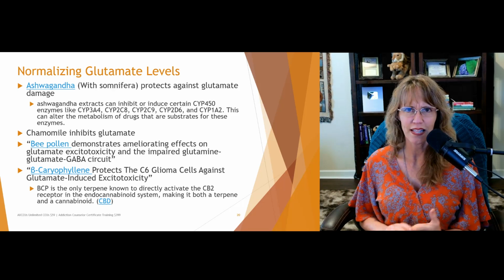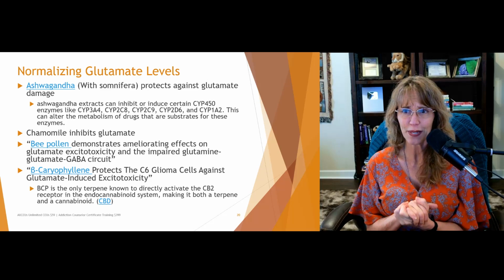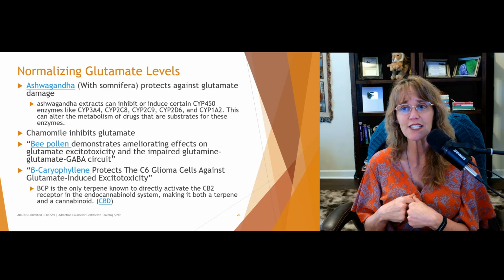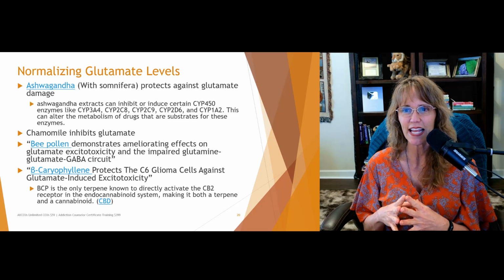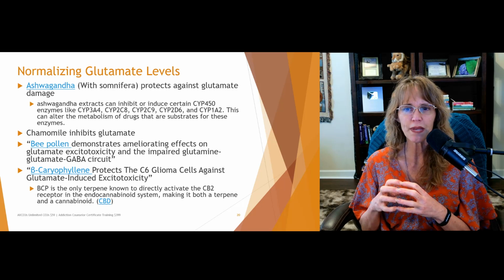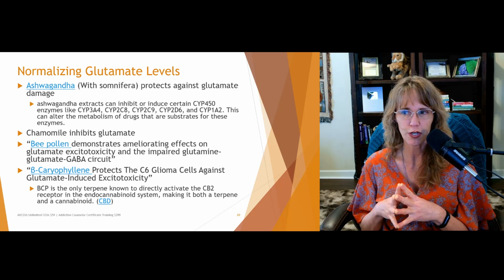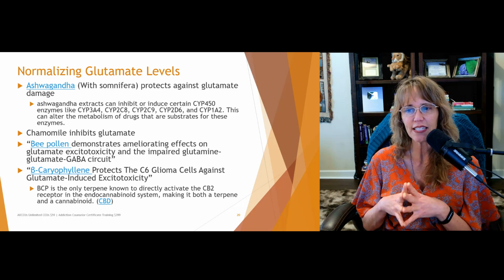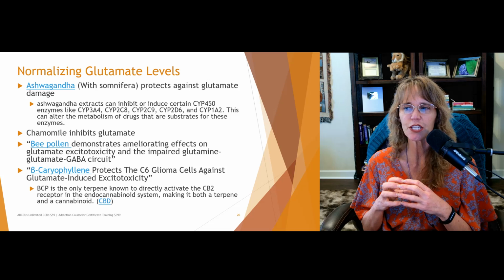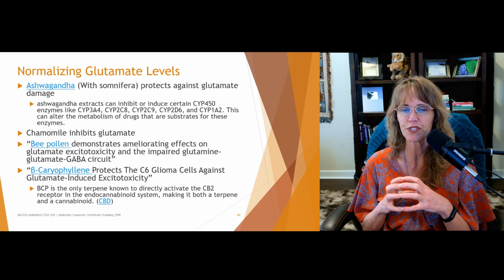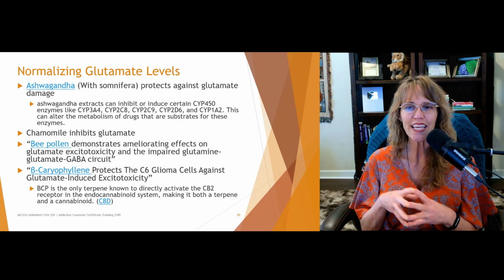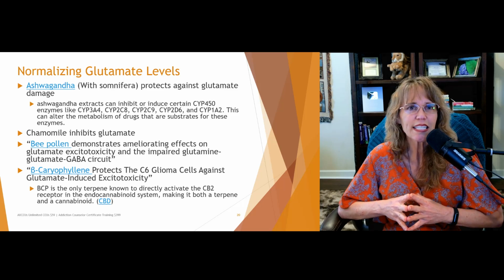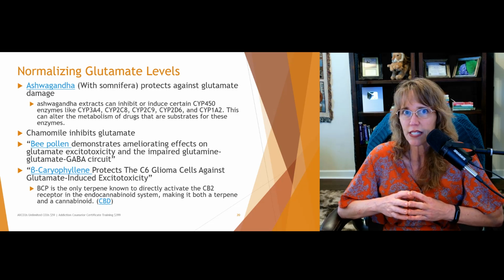Bee pollen, and this one was surprising to me, but bee pollen demonstrates ameliorating effects on glutamate excitotoxicity and the impaired glutamate GABA circuit. And beta-caryophyllene protects the C6 glioma cells against glutamate-induced cytotoxicity. Beta-caryophyllene is the only terpene known to directly activate the CB2 receptor.